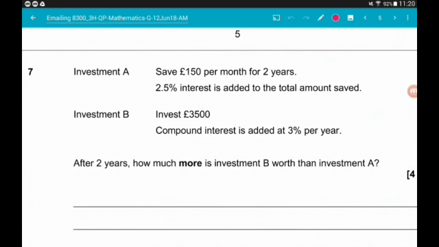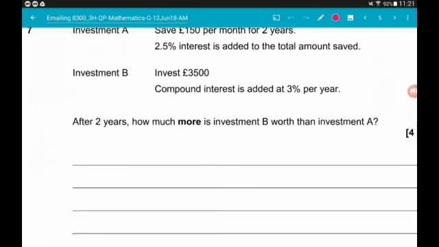And investment B, we're going to invest £3,500 and we get compound interest paid at 3% per year for 2 years. We want to work out how much more is investment B worth than investment A after 2 years. So we need to work out how much they are both worth.